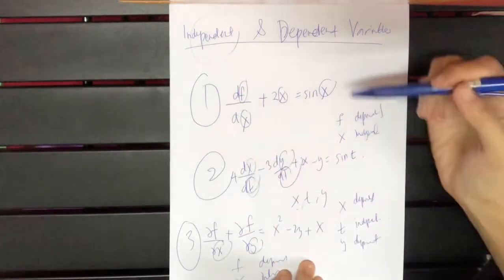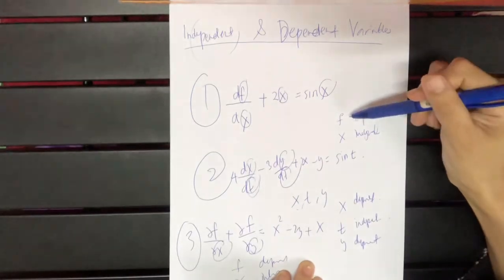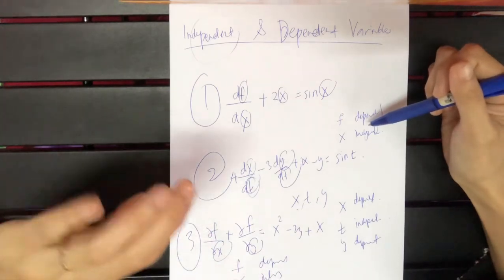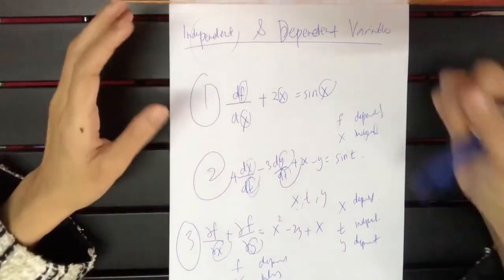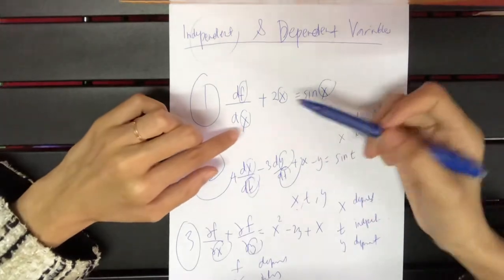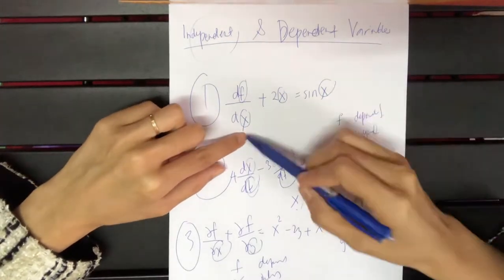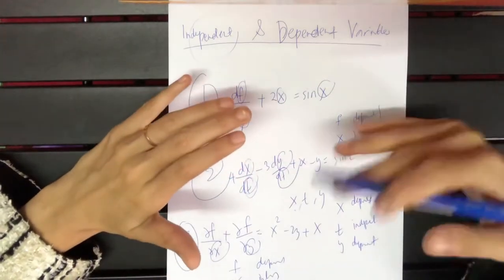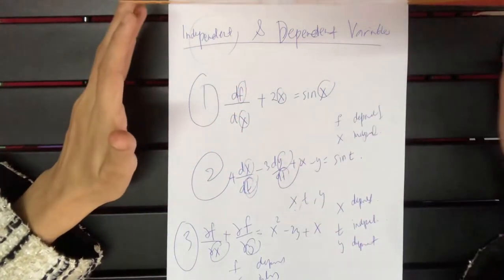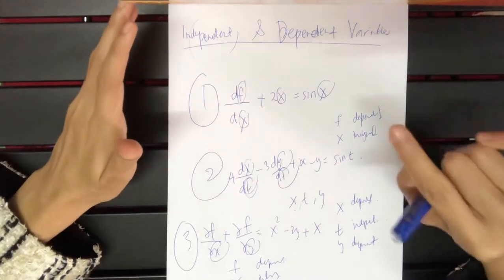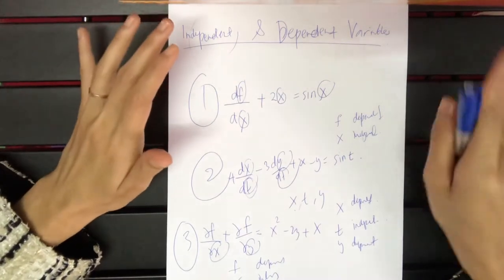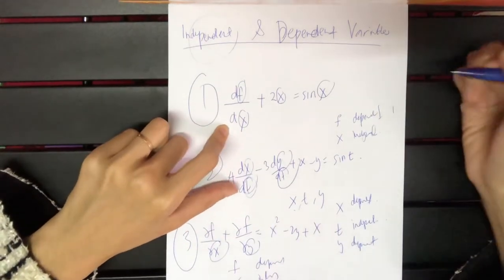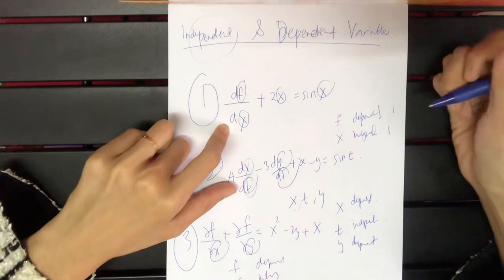For the first one, how many dependent variables are there? I'm not asking how many variables are involved. Maybe some will say x has 3, right? No, I don't want to count how many x. I want to know how many independent and dependent variables there are. If the x is the same, it is considered as 1. Clear? So for question 1, you have only 1 dependent and only 1 independent.